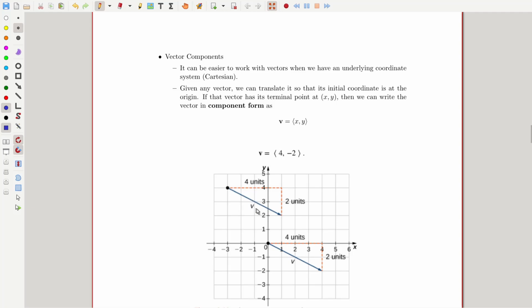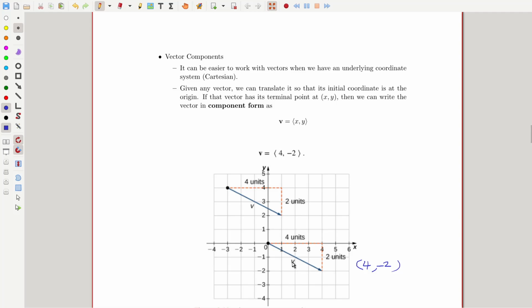Starting with this vector v, the initial point is at -3, 4 in this picture. What you can do is slide it so that it's at the origin, and then read off the coordinate of the terminal point, and that is the name you would give to that vector. So the coordinate of the terminal point of this vector v, you would write as 4, -2, the point (4, -2) in parentheses.